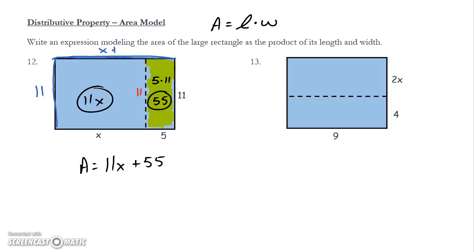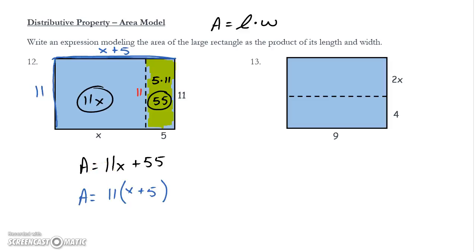So I could call it x plus 5. If I write this as an expression, I'd say that the area is the length, which is 11, times the whole width, which I would put in parentheses and say is x plus 5.